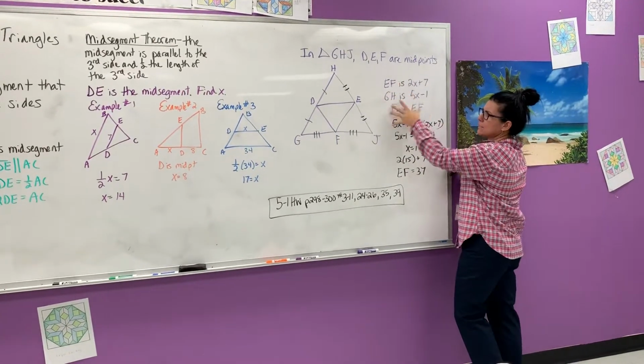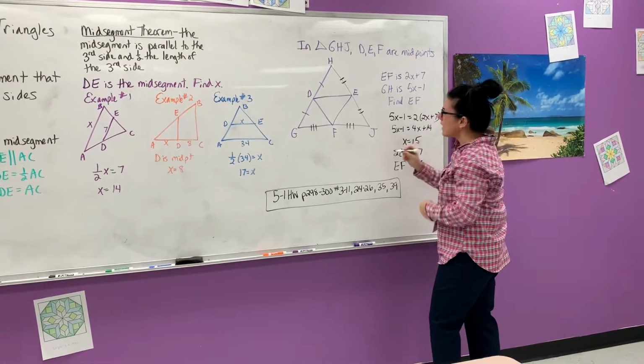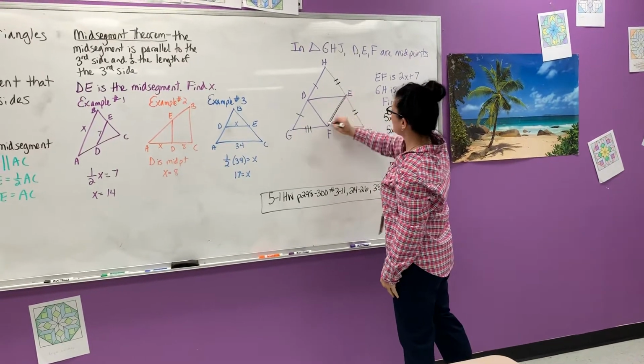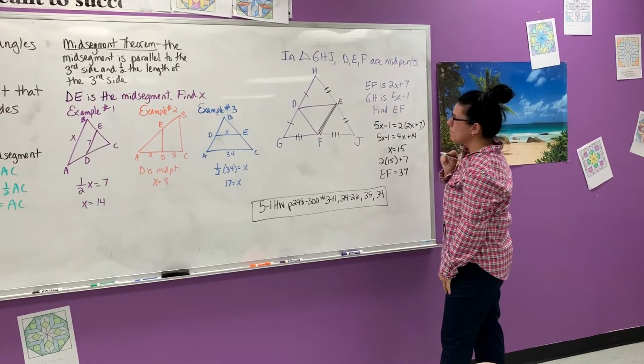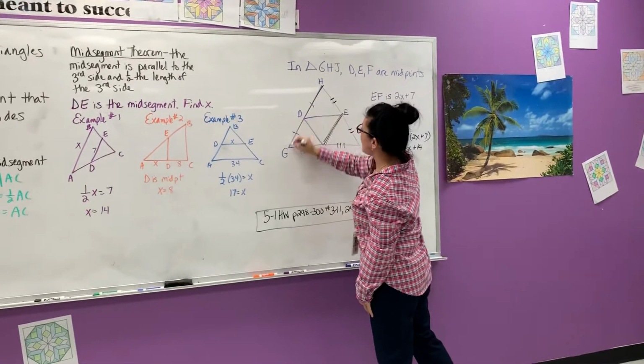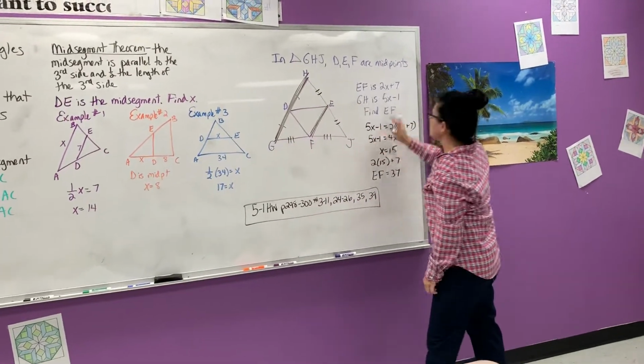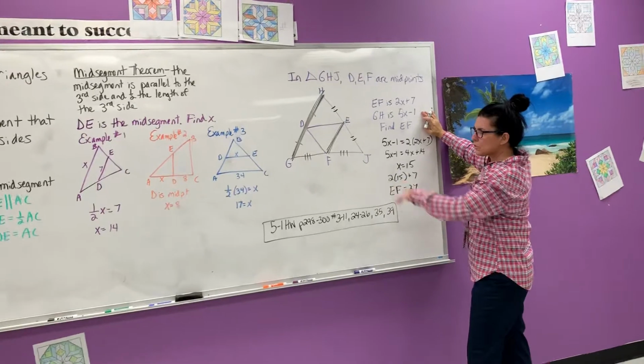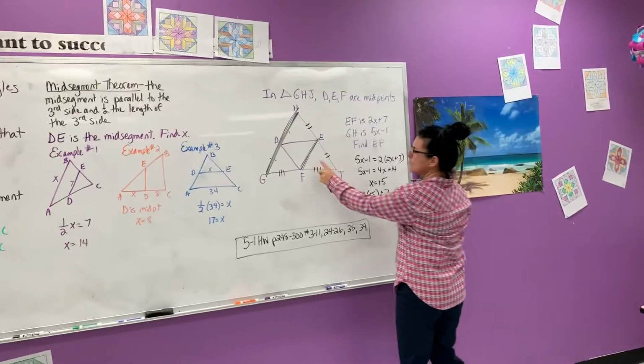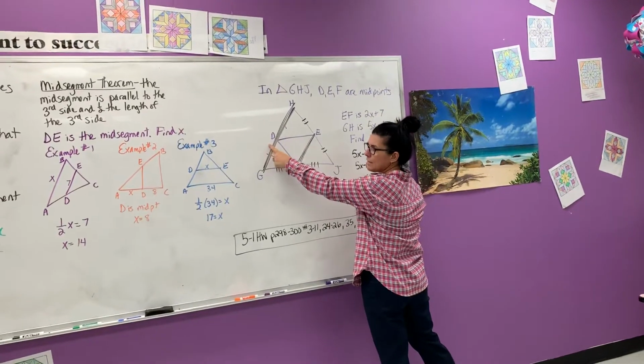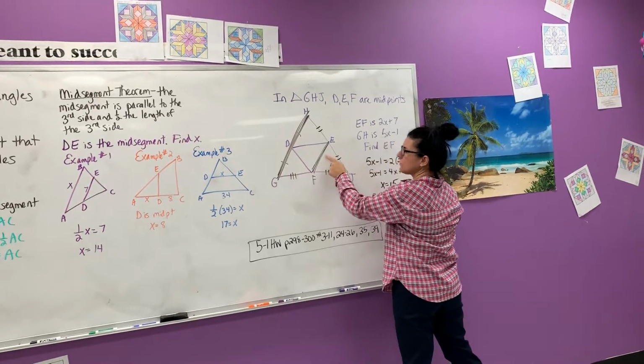This is the information that's given to us. So we're given that EF is 2x plus 7, and GH is 5x minus 1. So very similar to what we did with the simpler examples. I know 2 of these gives me 1 of these, or half of this gives me this.